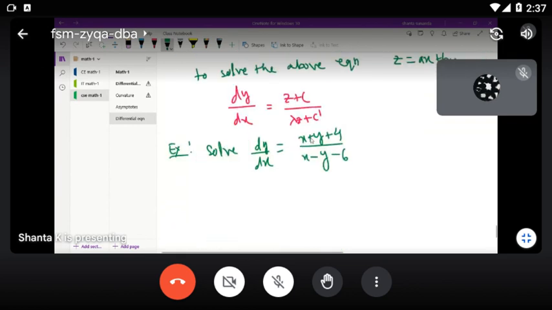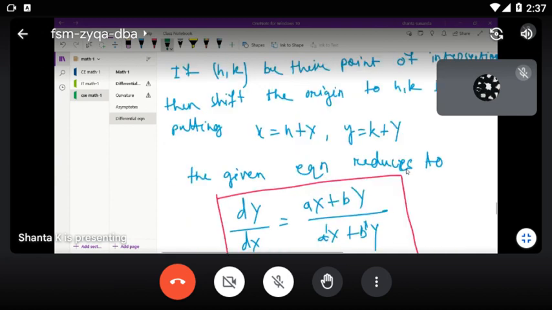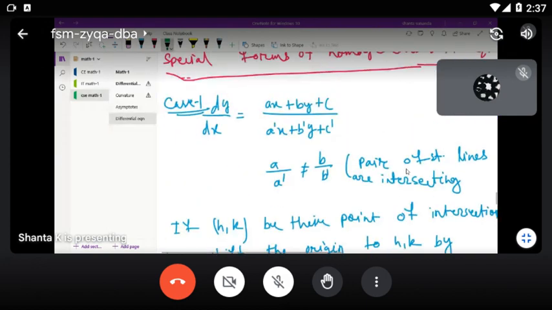If you look at the ratio of the coefficients of x and the ratio of the coefficients of y, they are not the same. A by a' is not equal to b by b', so they are intersecting lines. So we will look at the case 1 situation.